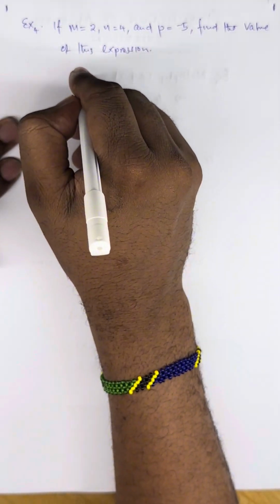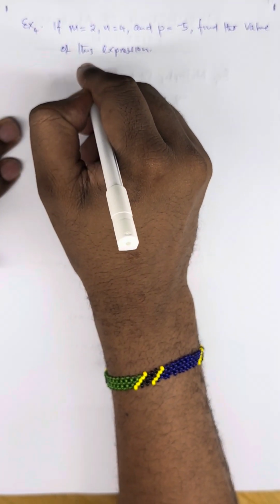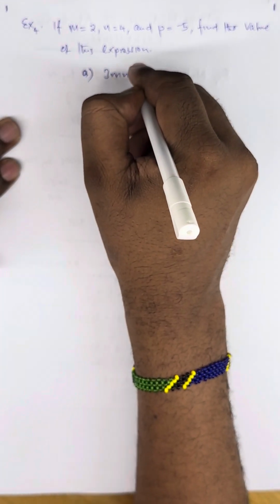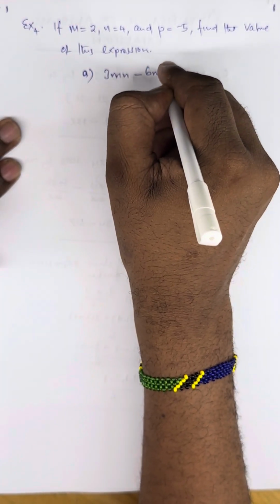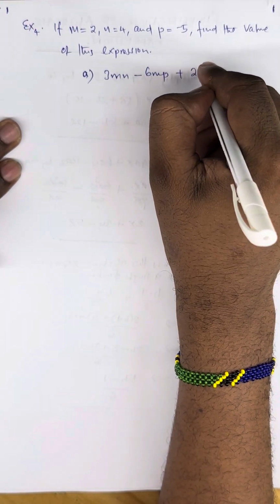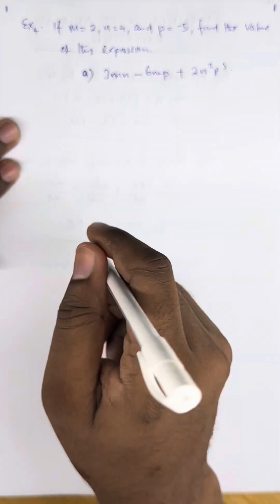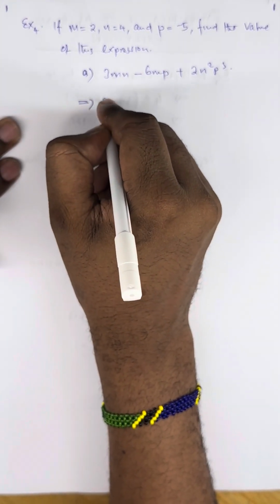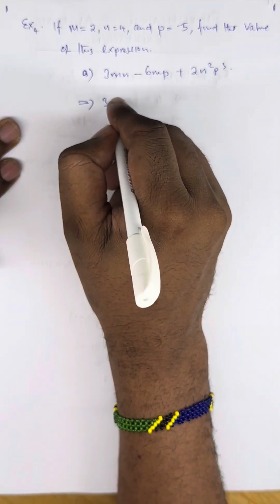So he has given 3mn minus 6mp add 2n square p cubic. So your solution has to be: you have 3. What is the value of m? M is 2.